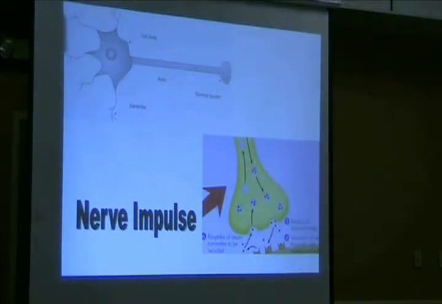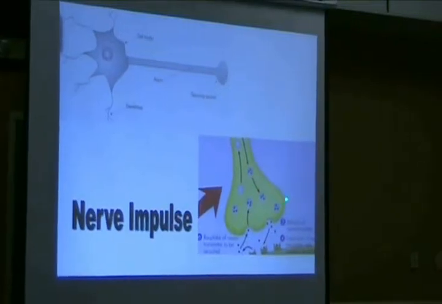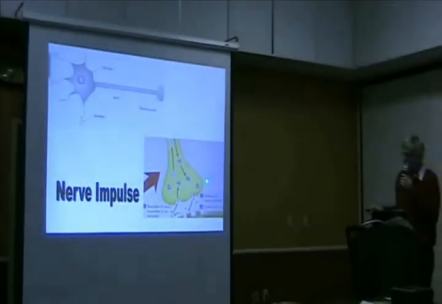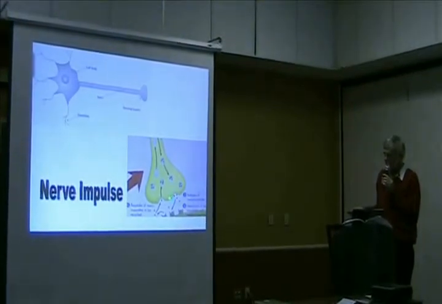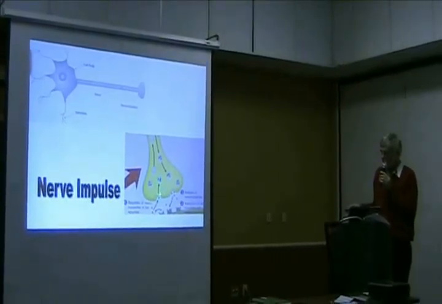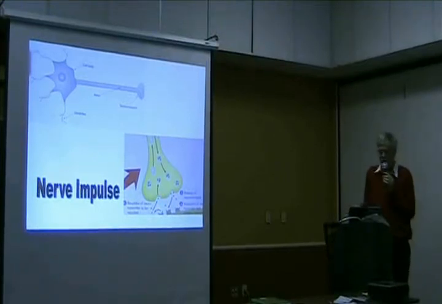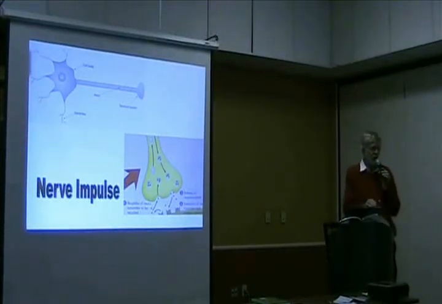There's a lot of details here I'm not going to go into, but one of them is that calcium plays a role here: when the nerve impulse reaches the terminal end, one thing that it does is open channels for calcium to come in, which facilitates ultimately the migration of the neurotransmitter down to the cell membrane and its release. And we're going to see in certain kinds of disorders there are problems with calcium.